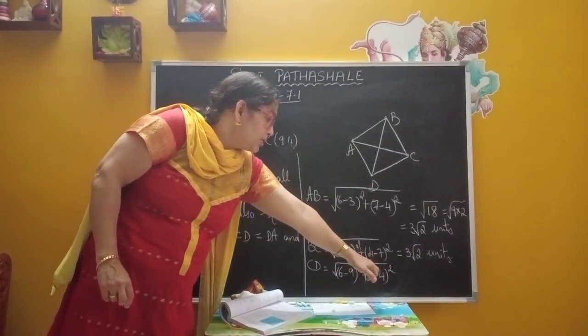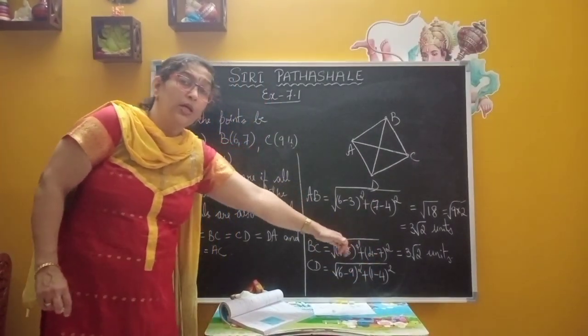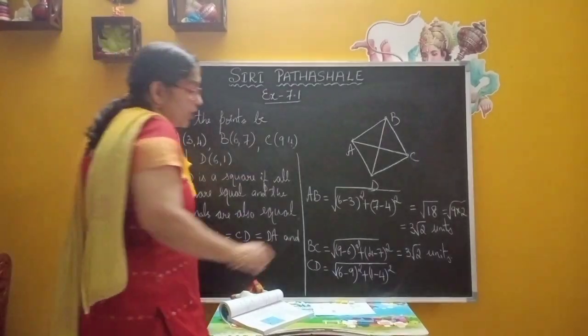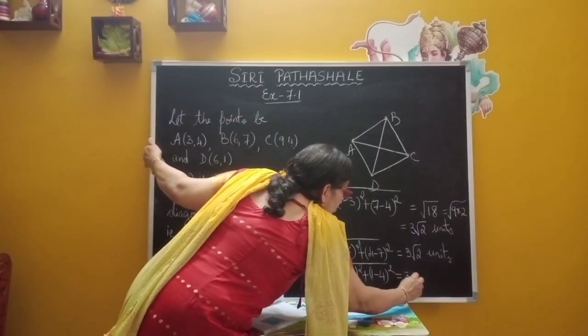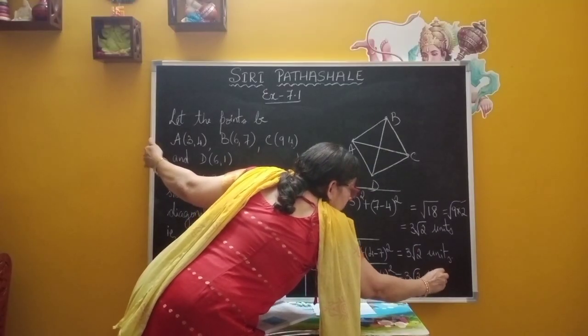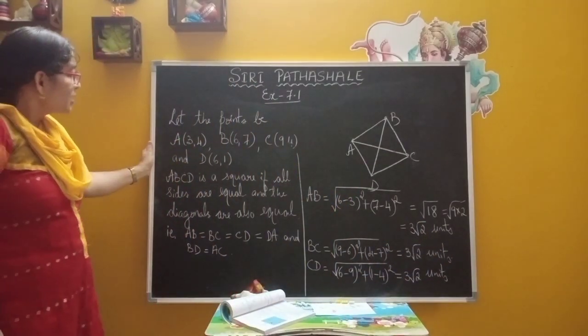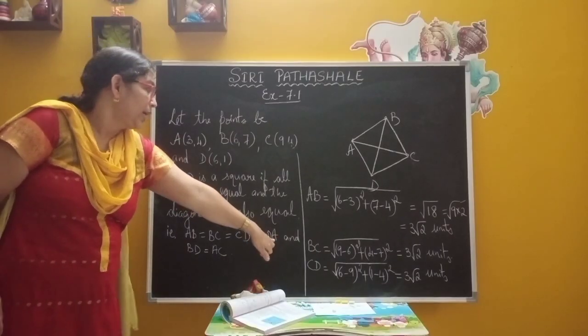And 1 minus 4 is minus 3, minus 3 whole square is 9. So 9 plus 9, 18. So again this is equal to 3 root 2 units.